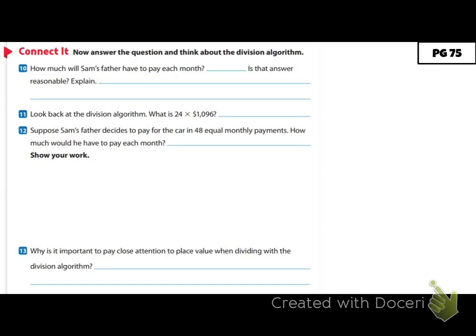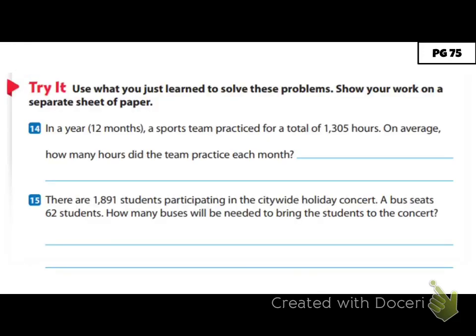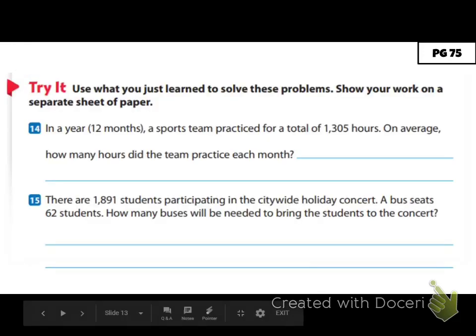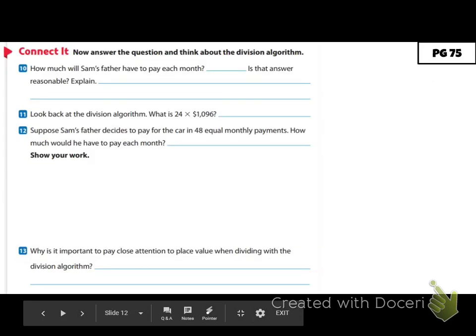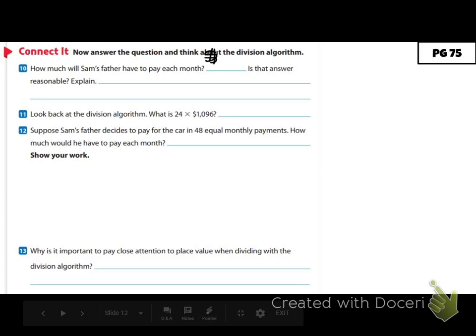So, let's connect it and answer some questions now. Number 10 says, how much will Sam's father have to pay each month? Looking back at the previous page, we can see that he would pay $1,096 a month.